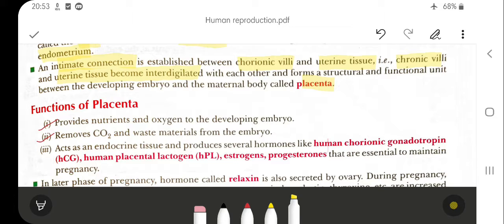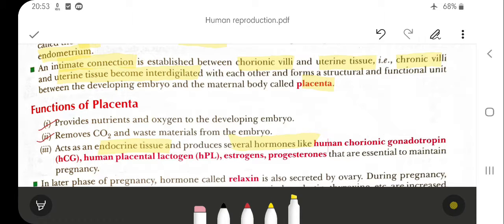And another very important function, which is performed only by the placenta during pregnancy, is that it acts as endocrine tissue. Being endocrine, it produces several hormones which are secreted by the placenta only during pregnancy.